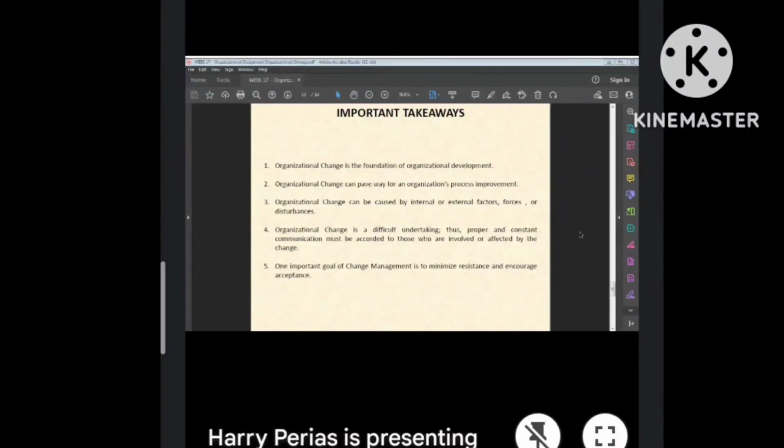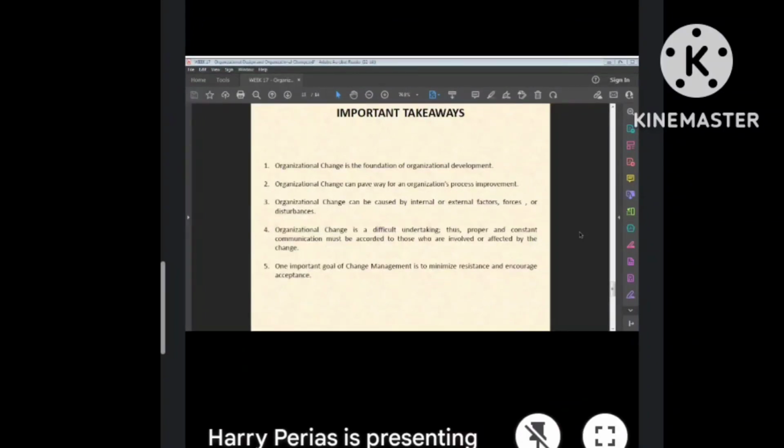Organizational change can be caused by internal or external factors, forces, or disturbances. Number four, organizational change is a difficult undertaking, thus, proper and constant communication must be accorded to those who are involved or affected by the change. And number five, one important goal of change management is to minimize resistance and encourage acceptance.